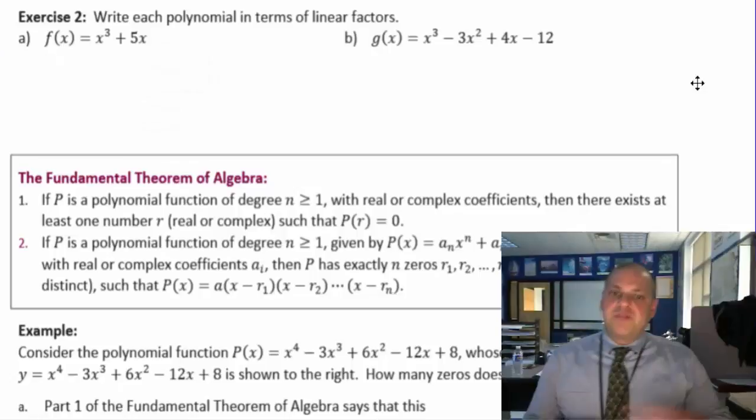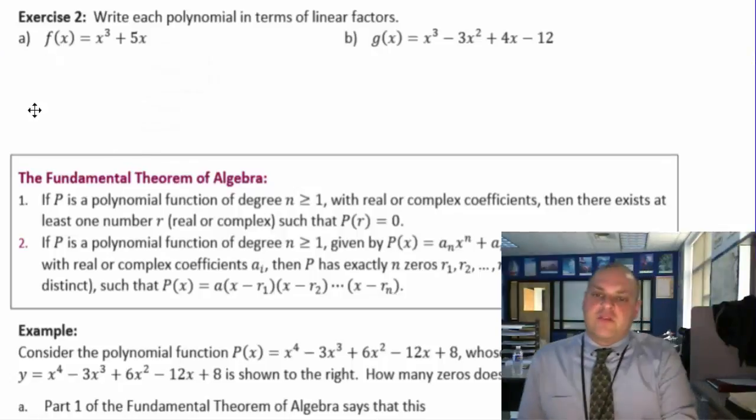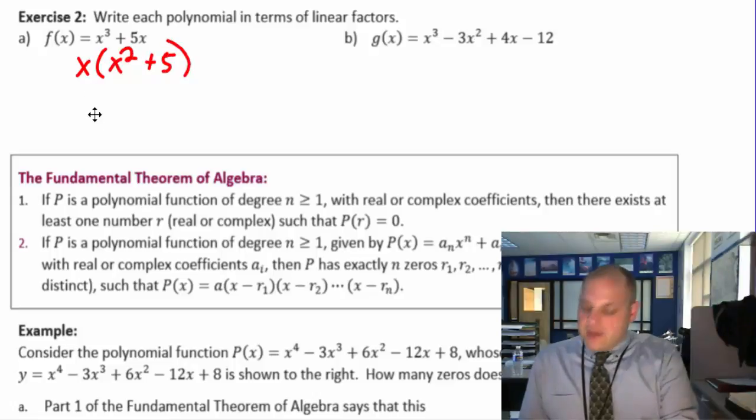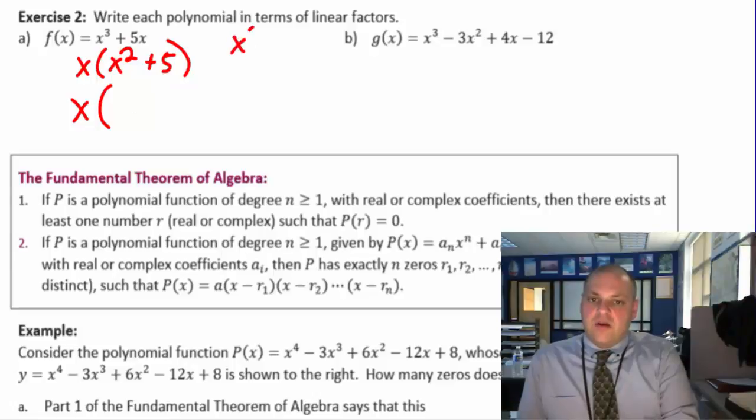Exercise 2. Write each polynomial in terms of linear factors. Okay, so this isn't going to be bad. So we have x times x squared plus 5. This one's not too bad. We're going to have x, and then this is going to be x. Well, let's solve this. X squared plus 5 equals 0. Or do our quadratic formula, but this is easier.